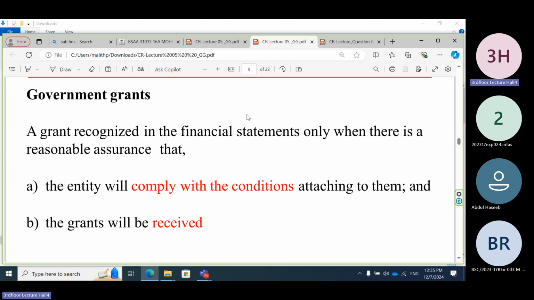If the government wants to encourage earning foreign currency, we put this type of condition on the grant given by the government. So these conditions may vary. Keep that in mind. Right? Okay.